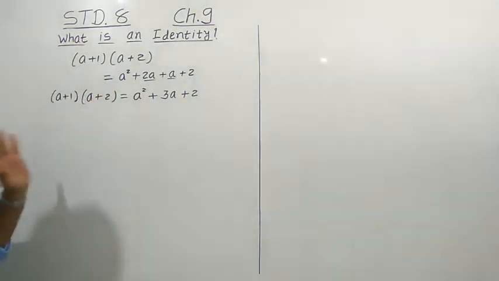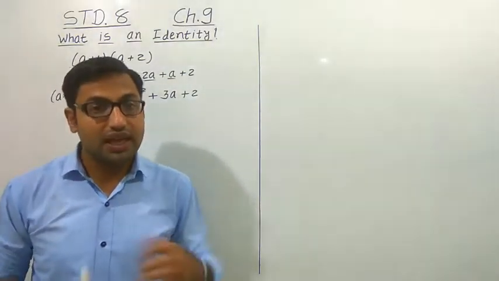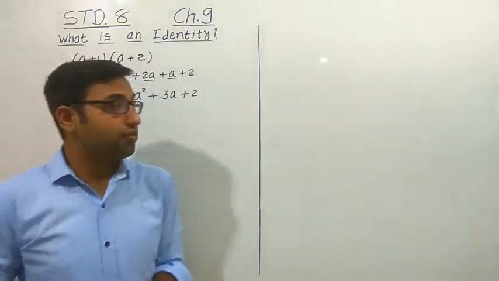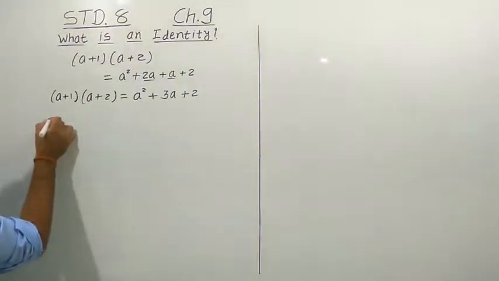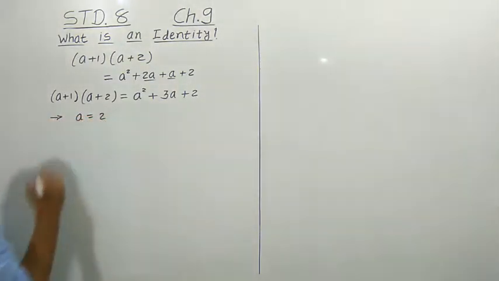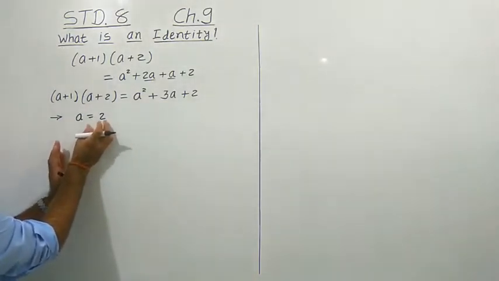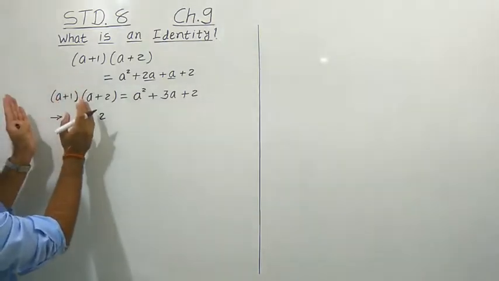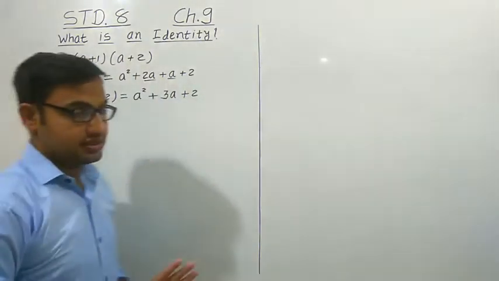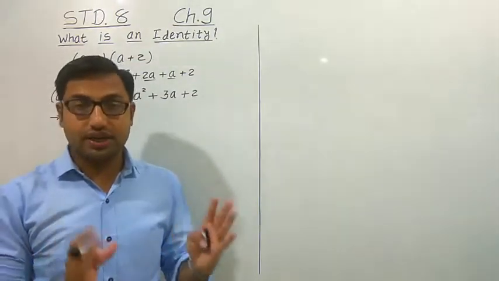Let us understand. Suppose we are considering one value of the variable, any one value of the variable. First of all, let us take a is equal to 2. Now we have to put this a equals 2 into the left hand side as well as the right hand side, and check whether the left hand side and right hand side portions are equal or not.